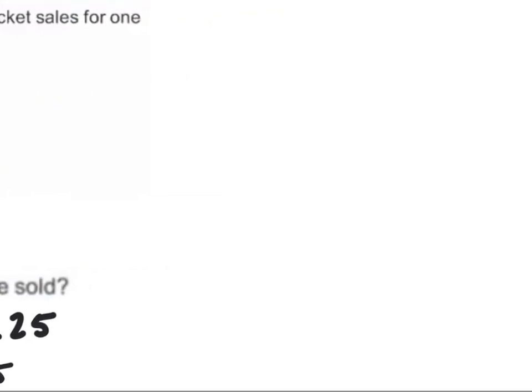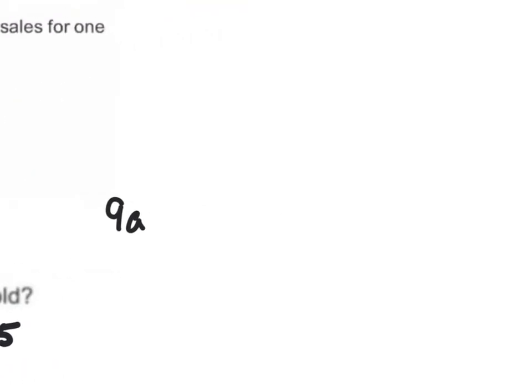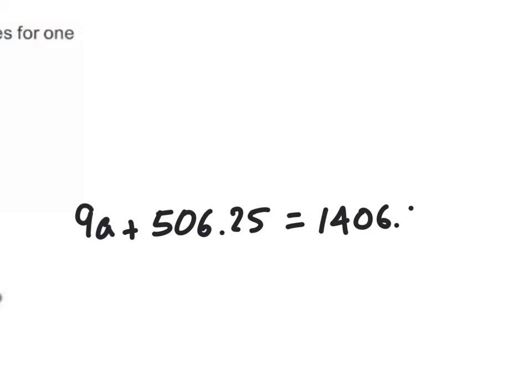Let me rewrite it over here. That's 25, right? 506.25, yeah. So 9A plus 506.25 is equal to 1406.25.